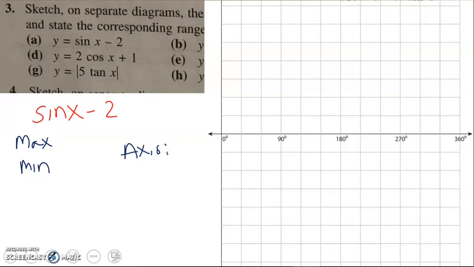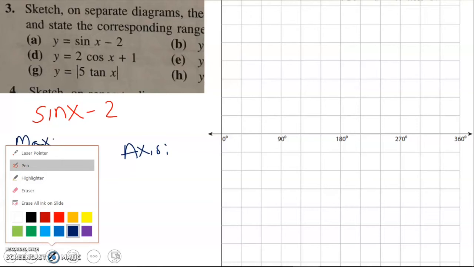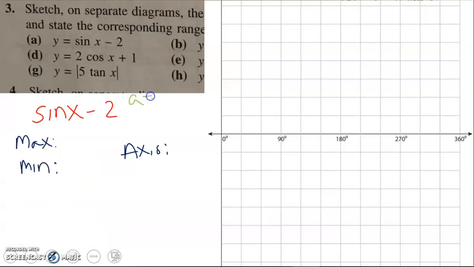Now to get all this, I need A and B. So off to the side I'm going to say A would be equal to 1 and B would be equal to negative 2. Again, max is B plus A, so negative 2 plus 1 is just negative 1. Min is B minus A, so negative 2 minus 1 is negative 3. And of course your axis of curve is just B, so it's just negative 2. So you have everything you need.